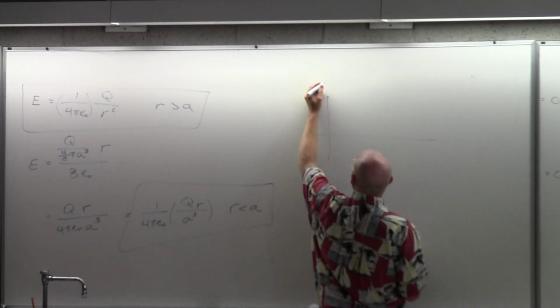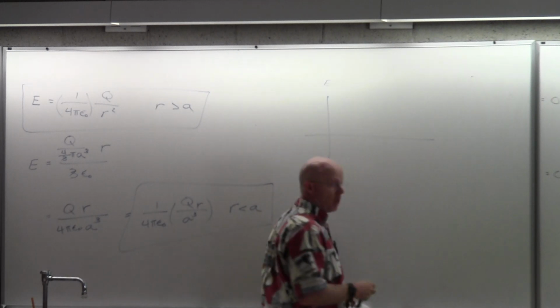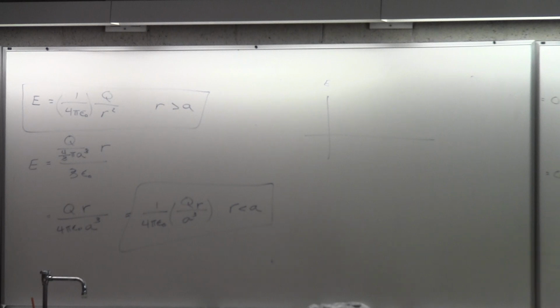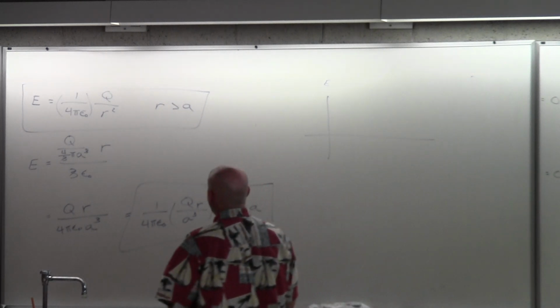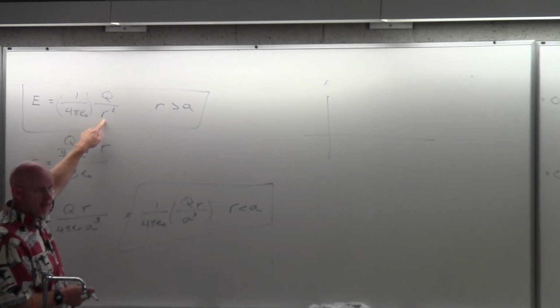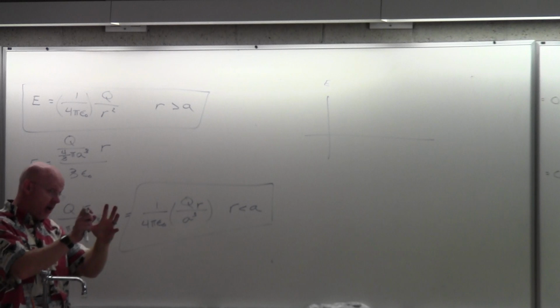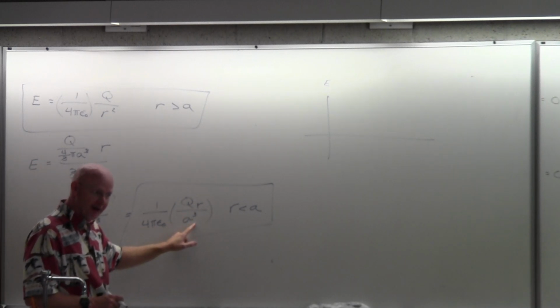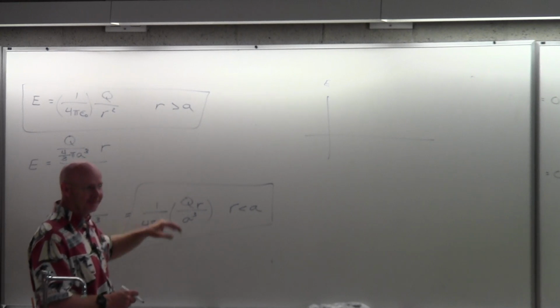Oh, now, okay, if I'm actually on the surface, I guess I would expect my logic from inside and outside to match, right? And so let's see if these equations do match. If I was on the surface of the ball, this would be an A squared. If I was on the surface of the ball, this would be an A, canceling with 1 down there, and I get the same equation.